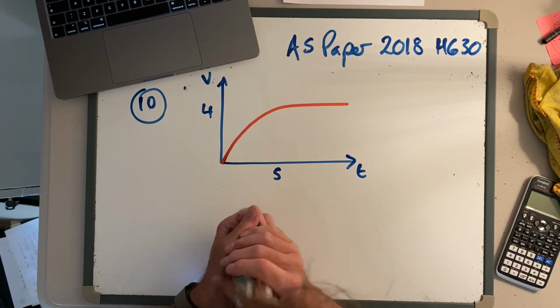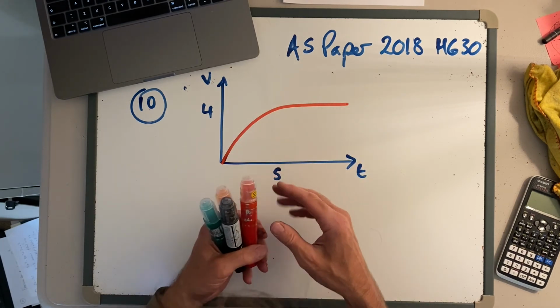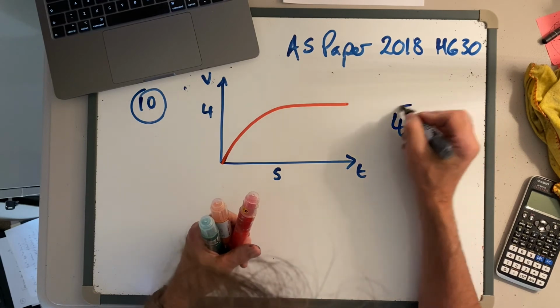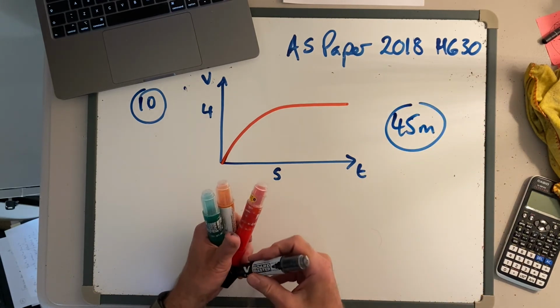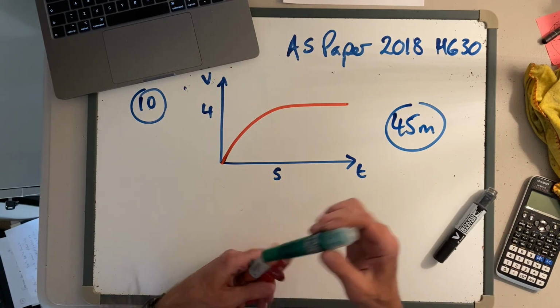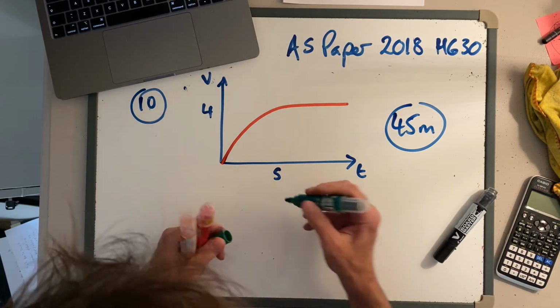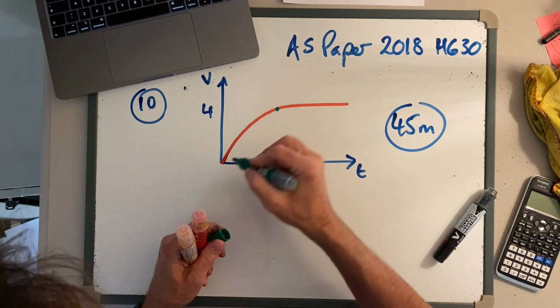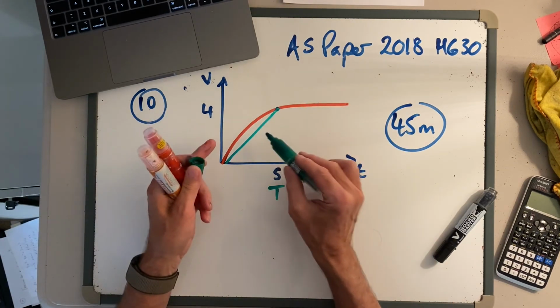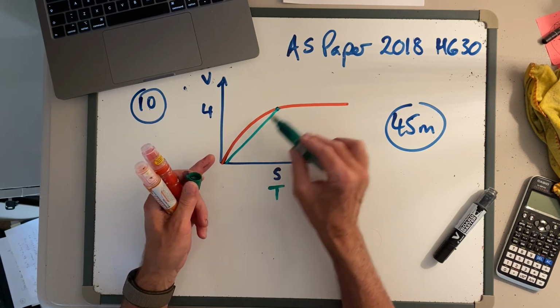Okay, well, we know that the total area under here is 45 meters, don't we? That's a statement of fact. So let's just consider the 3 different things. If it is the same as, so say T was there, then you'd get that. And that doesn't work because that area is bigger.